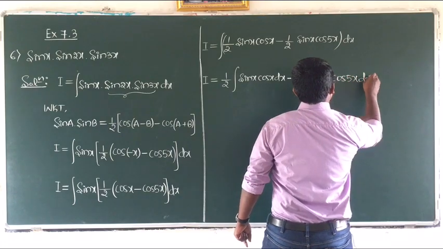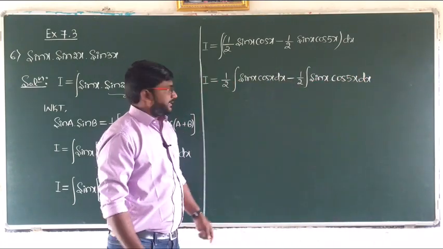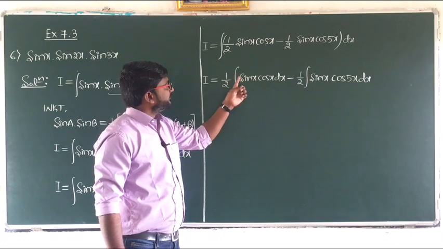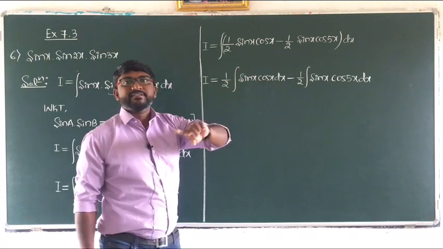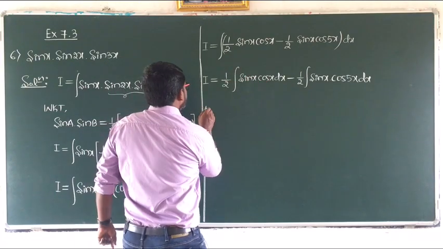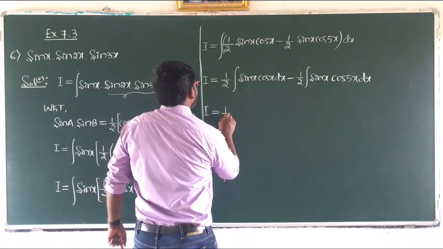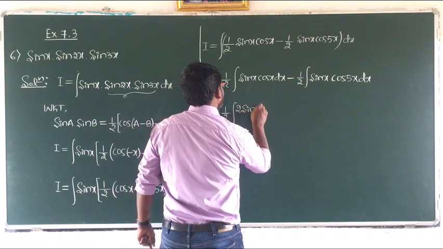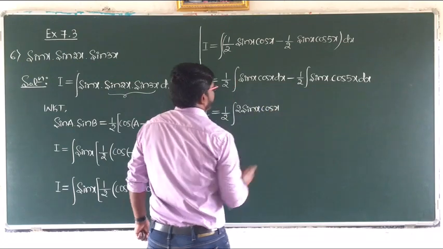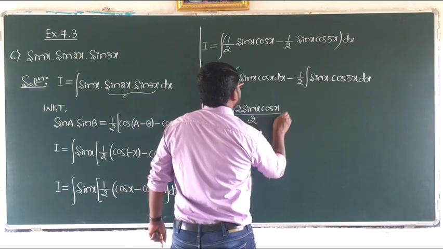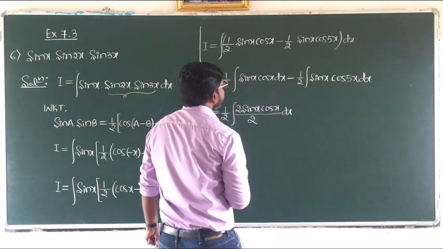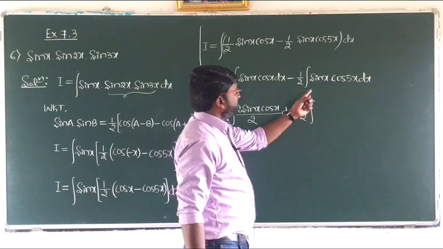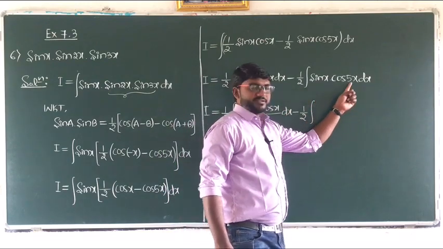cos 5x dx. So now in the next step, here I multiply and divide by 2, so that in the numerator we get 2 sin x into cos x, that will be sin 2x. I, which is equals to 1 by 2 integral, we get 2 sin x into cos x, then whole divided by 2 dx, then minus 1 by 2, then integral. Again we have to apply the sin A into cos B formula here.